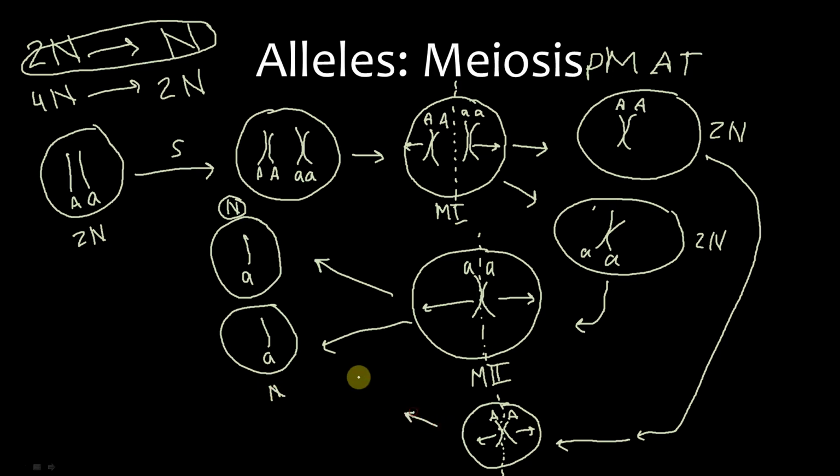This produces a daughter cell with just 1 chromosome with big A, that's n, and it will produce another daughter cell that looks exactly like that with just 1 chromosome and a big A. I'm sorry, my writing has gotten worse and worse as this has gone because I'm still learning how to use this drawing board. Please forgive me. But what is the end result? Well, we have 4 daughter cells. Each daughter cell is n. Each daughter cell has just 1 allele.